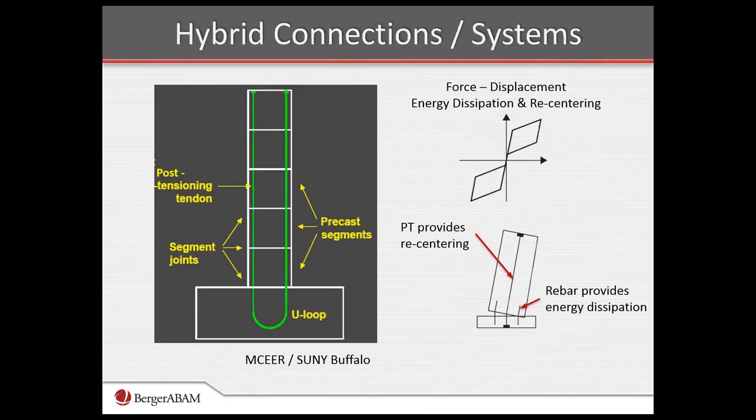Likewise, another system that shows great promise, particularly for the higher seismic areas, is what's called a hybrid connection, where the column is reinforced with a combination of deformed bars and post-tensioning, unbonded, or in some cases there's even examples of bonded at the end and unbonded in the center.